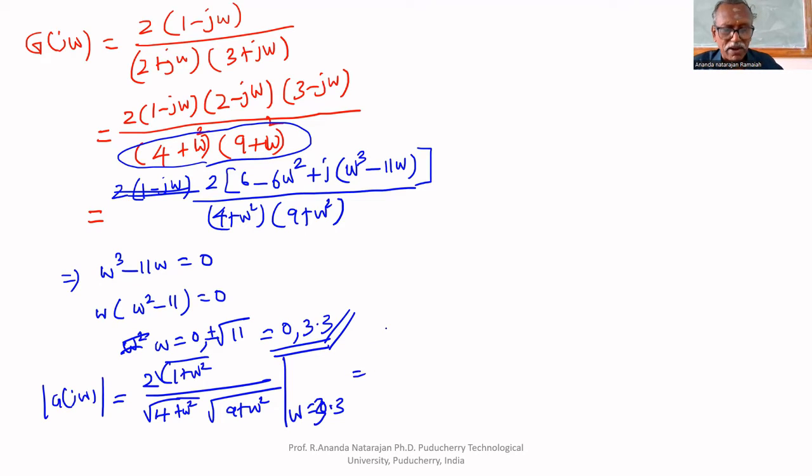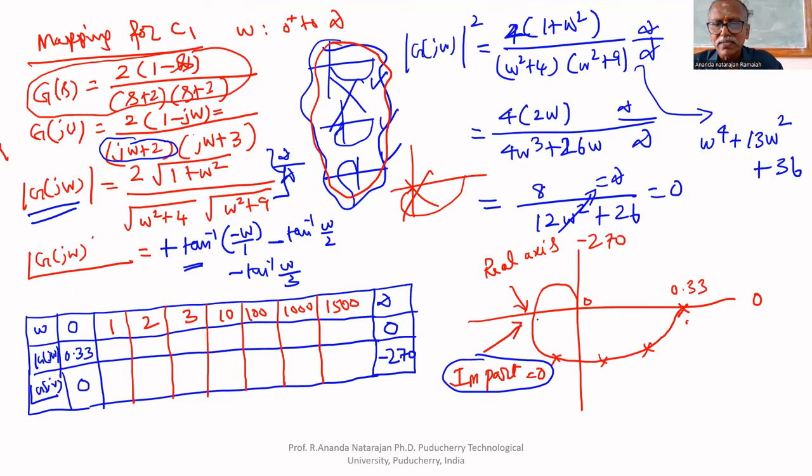If we substitute 3.3, the value is 0.4. So it intersects the real axis at 0.4.